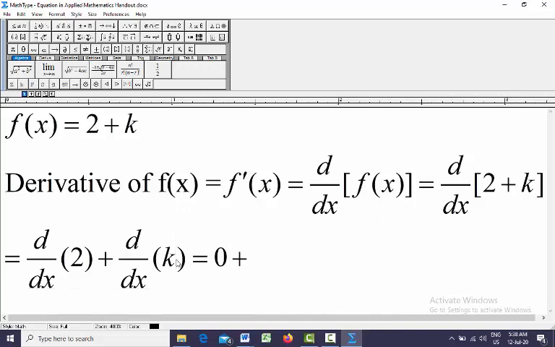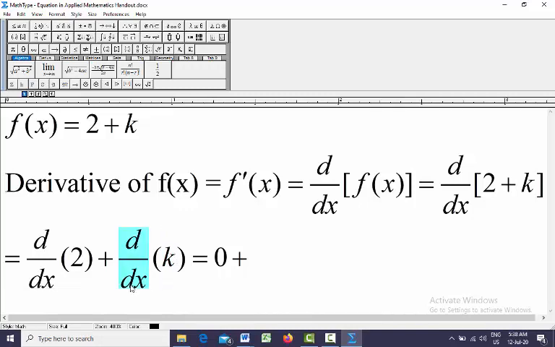This one is again without any variable, because here the variable is x. We need to do differentiation of this one with respect to x.